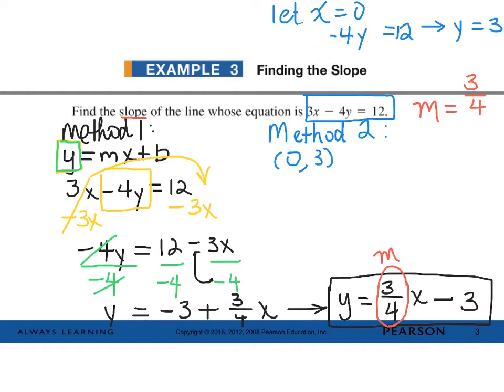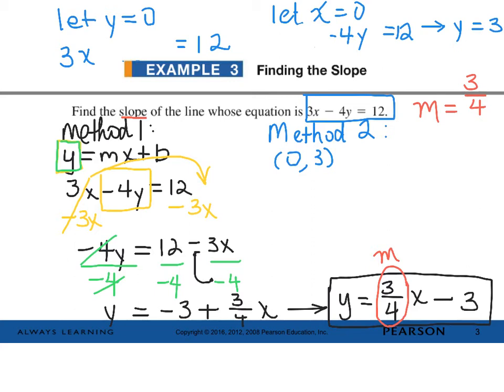And then by the same token, let y equal 0. Which means then our equation is 3 times x minus 4 times 0 is equal to 12. And just like we did before, 4 times 0 is just 0.